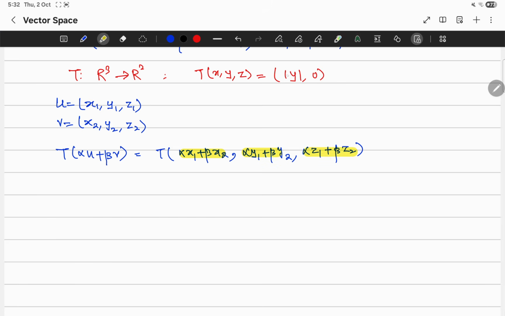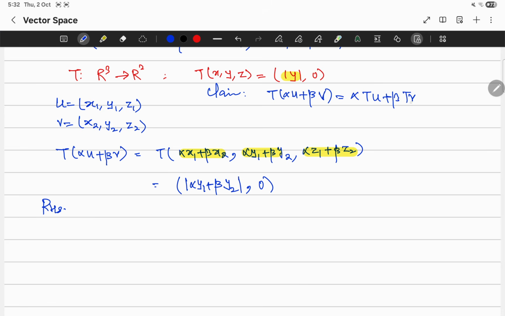So what is the function? That's mod of y here. So you will get mod of alpha y1 plus beta y2 comma 0. Now your RHS, so you are claiming that T of alpha u plus beta v should be alpha T of u plus beta T of v.